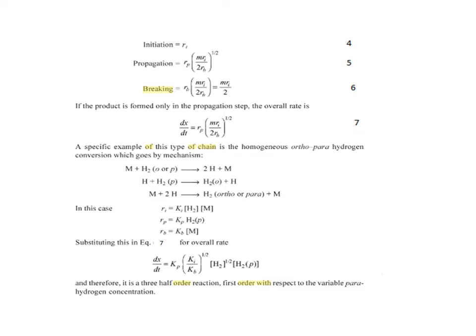In this case, Ri is equal to Ki H2 into M, Rp is equal to Kp H2 para, Rb is equal to Kb into M. Substituting in equation 7 for the overall rate, dx/dt is equal to Kp into (Ki over Kb) under root into H2 under root into H2 para.